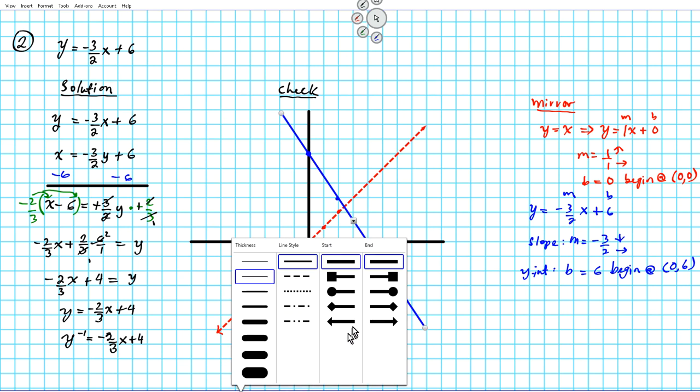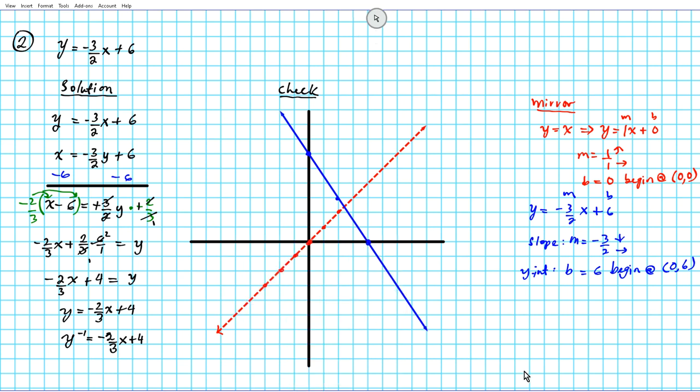Next we're going to draw the graph of our inverse function. Let's put that in green. The inverse function that we got is y inverse equals negative 2/3 x plus 4. So the slope is negative 2 over 3, which means we're going to fall 2 and run 3.